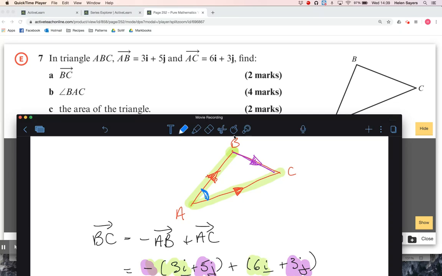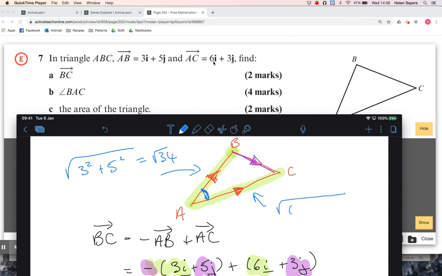And lengths of vectors is very straightforward. It's just going to be Pythagoras. So the length of AB, which is 3i plus 5j, is the square root of 3 squared plus 5 squared, so root 34. The length of AC is the square root of 6 squared plus 3 squared, so root 45.